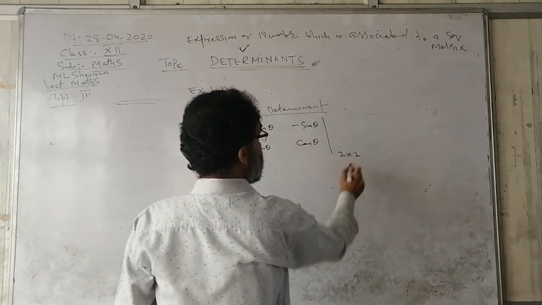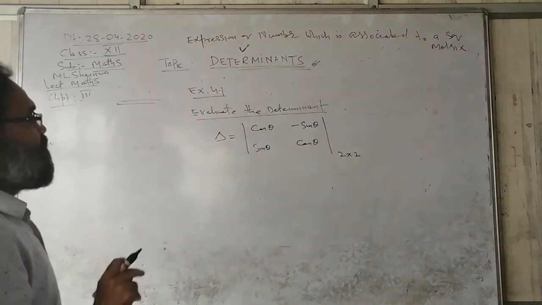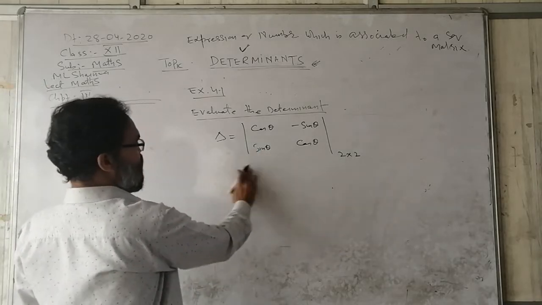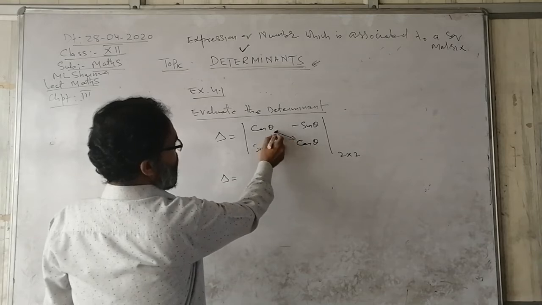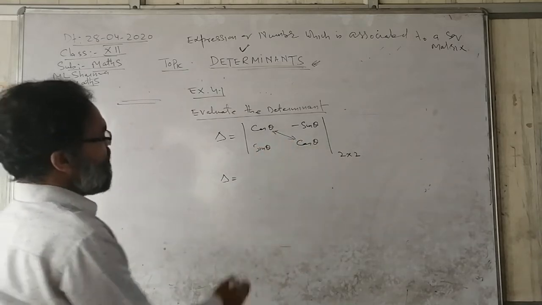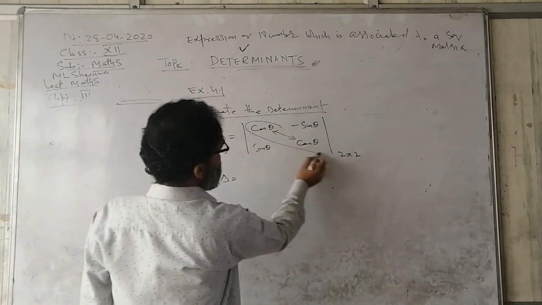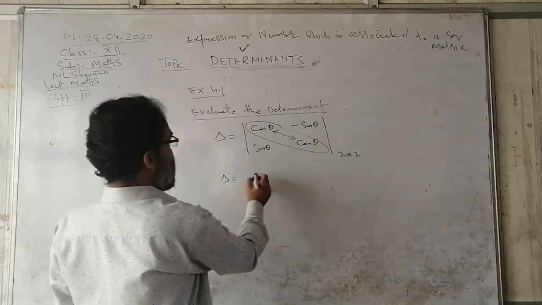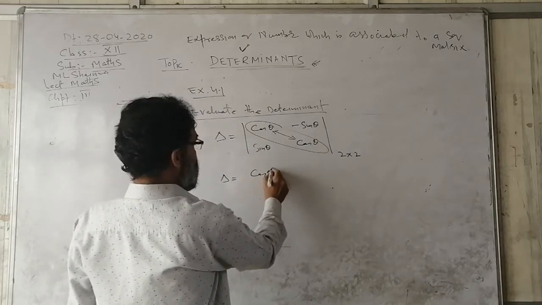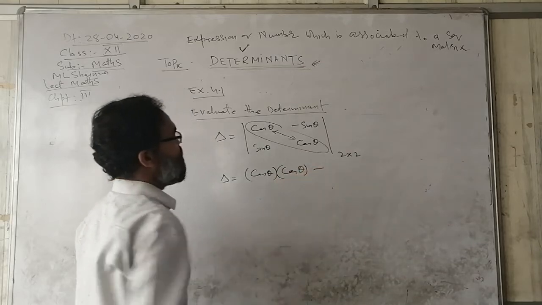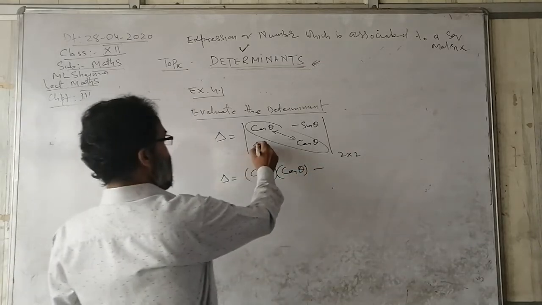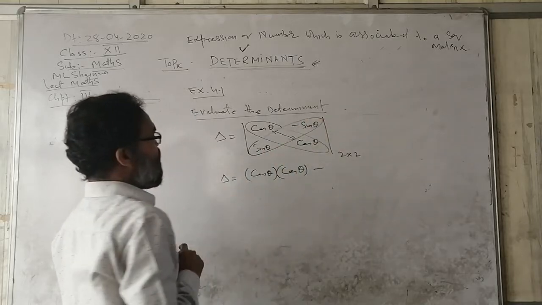Again, it is a 2 by 2 determinant. To expand it, the elements lying on the principal diagonal are to be multiplied. So I will have cos theta into cos theta, minus, as per the rule, the reverse diagonal elements.